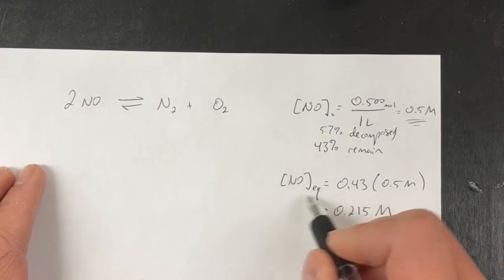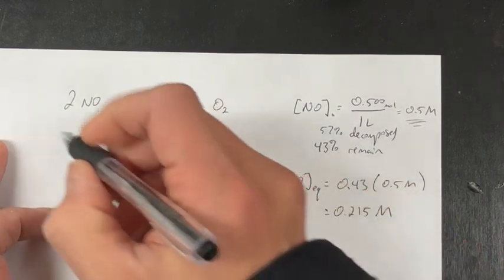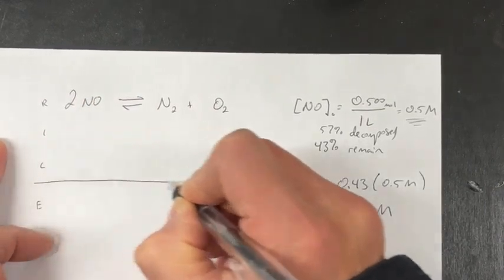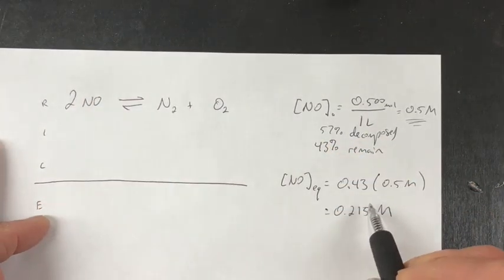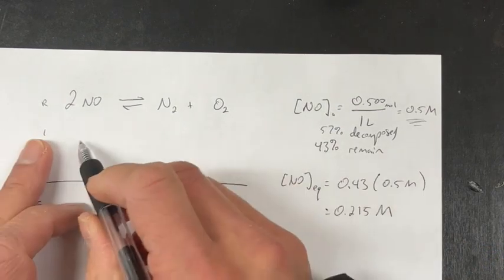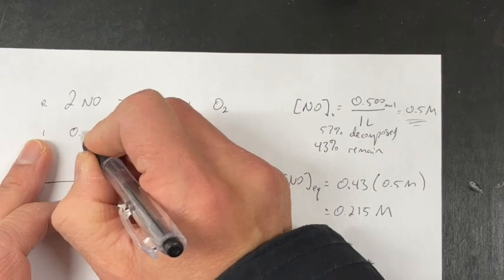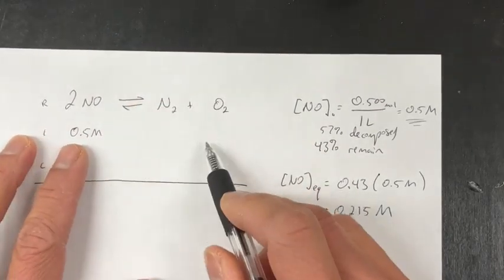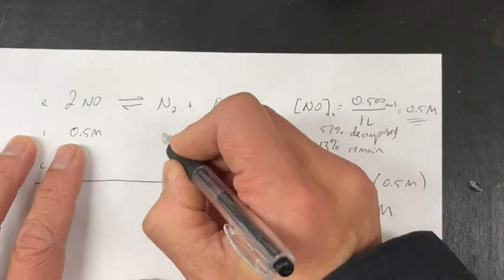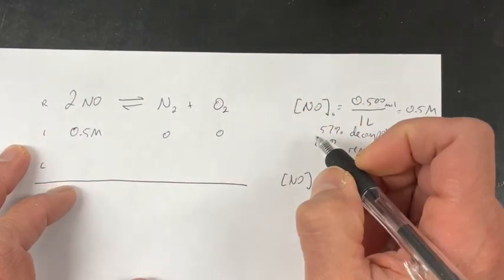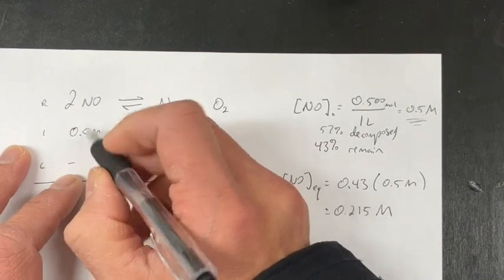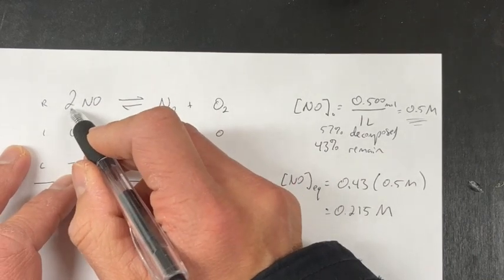So this value is going to go into the RICE chart somewhere. So when you set it up, and we have 0.5 molar here. It's an evacuated vessel, so these two should be at 0 to start. Then this is going to go down, and how much will it go down?